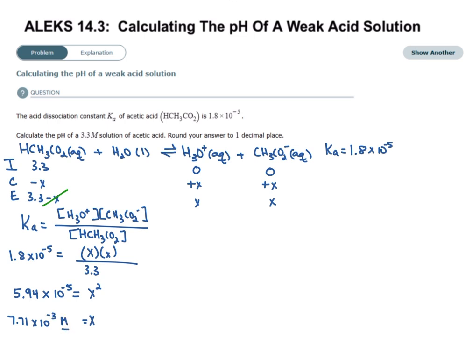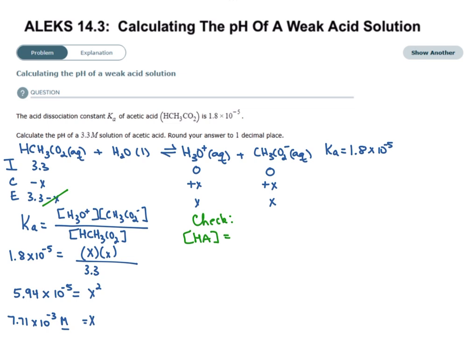Before I continue, I need to make sure that we assumed correctly. So that's really called checking the 5% rule, which says that I am assuming that this x is 5% or less of the original initial concentration.